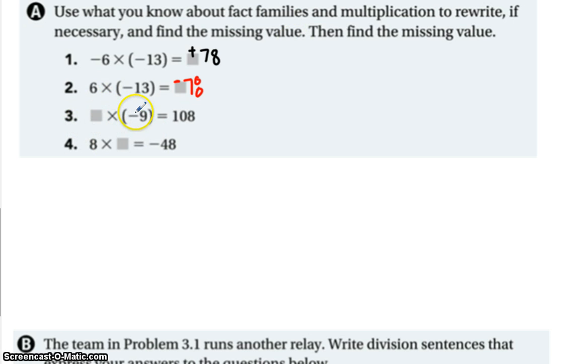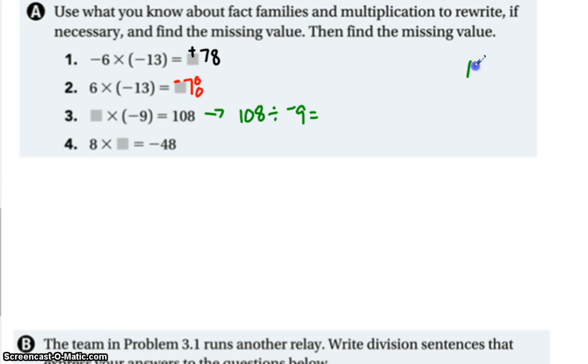A3 says that blank times negative 9 equals 108. Well, using my knowledge of fact families, I'm going to rewrite this as 108, which would be the product, divided by negative 9 is going to equal something. Well, now I have to do the division in my head, or solve it with long division.